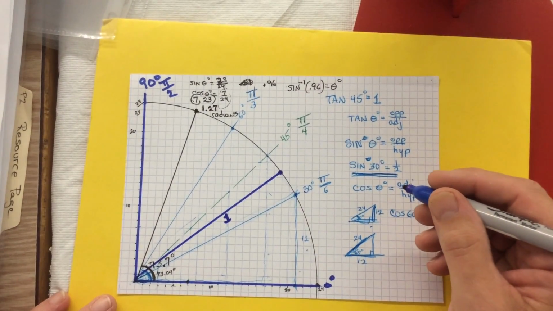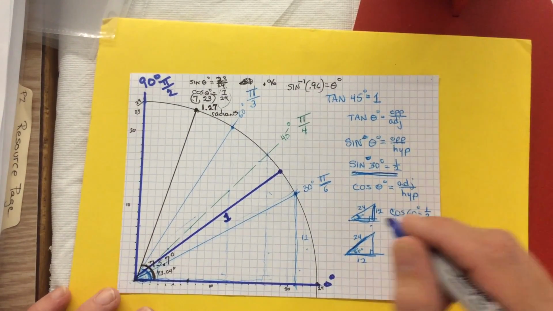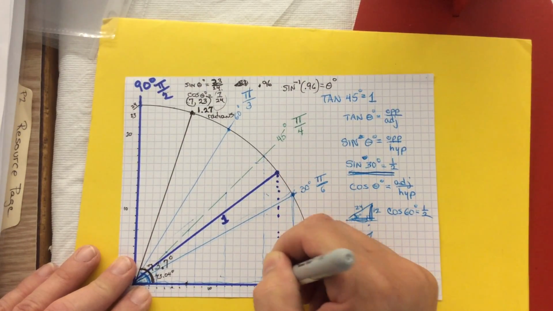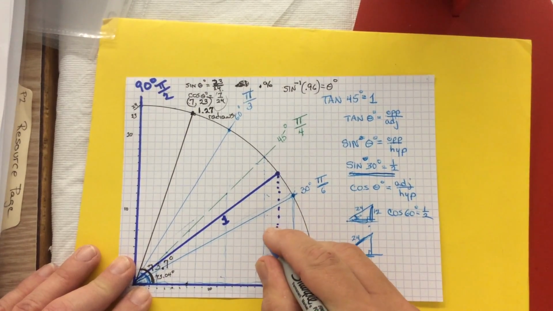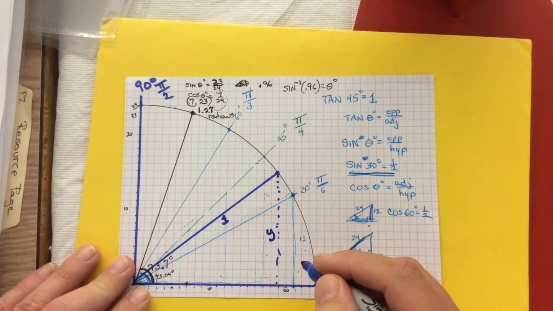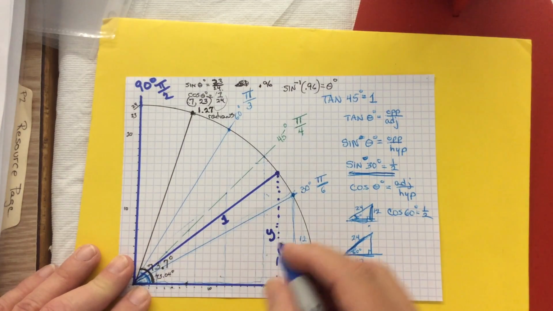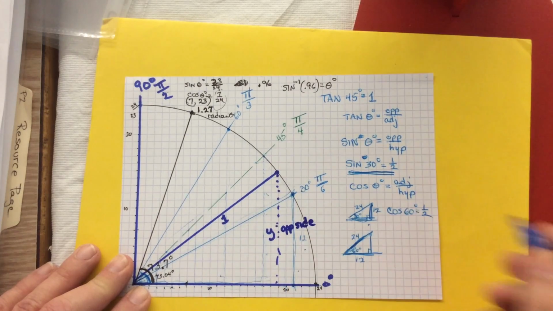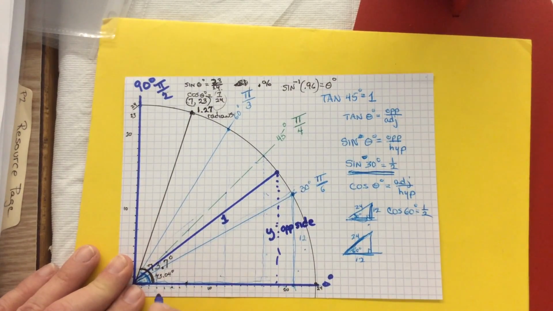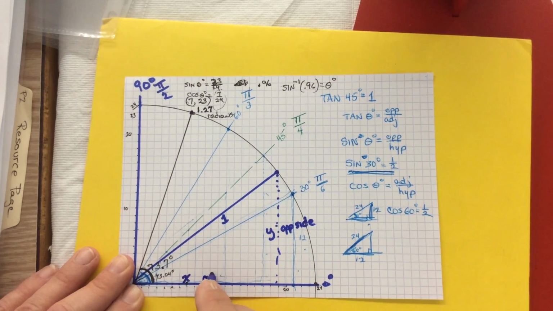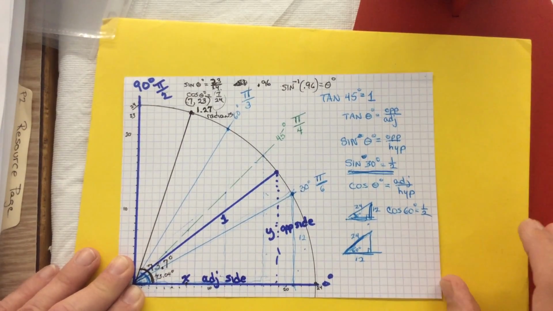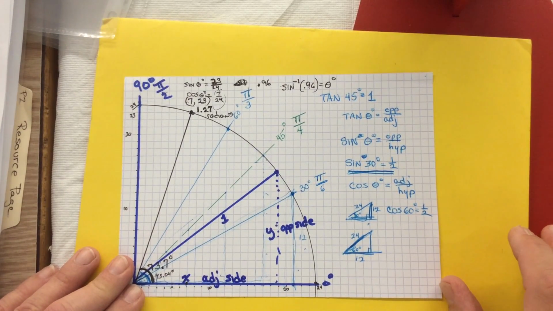It's a unit circle. Whatever this distance is right here, this is y, but it is also the length of the opposite side. And this right here is x, but it's also the length of the adjacent side. So far, so good?